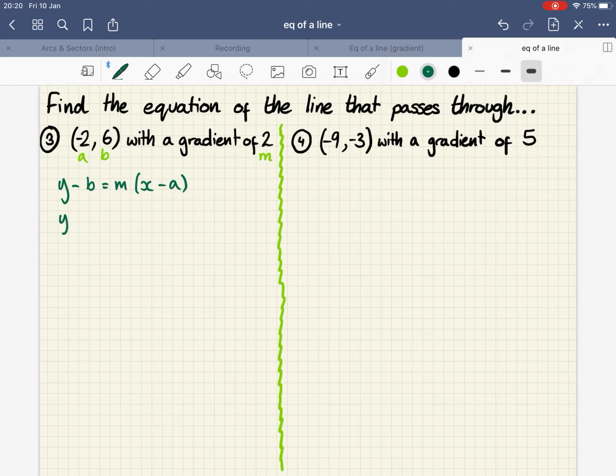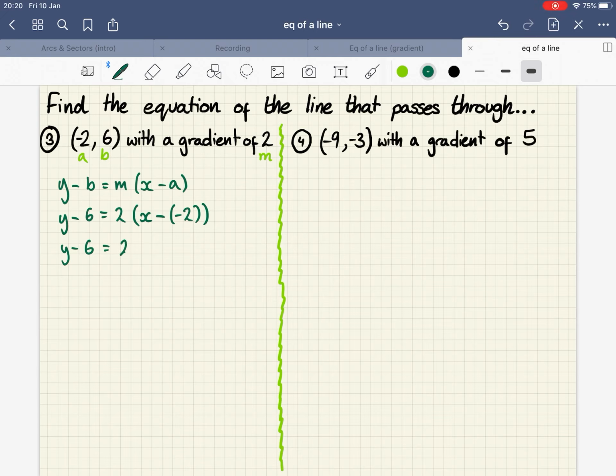Right, y minus b equals m bracket x minus a. So that's going to be y minus 6 equals 2 bracket x minus. Now again, I've got this negative going on here. So like I've done before, I'm going to substitute it with a bracket in there. So it's really obvious to me that because I've got these two negatives directly next to each other, that's going to turn into a positive.